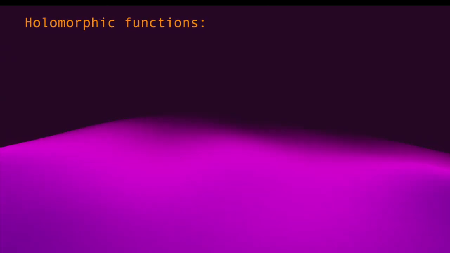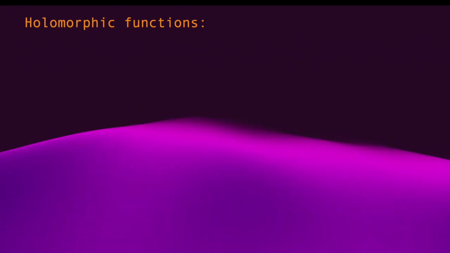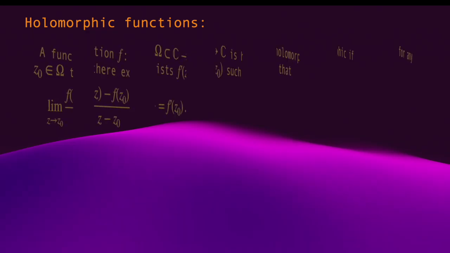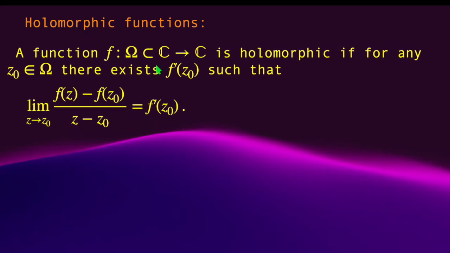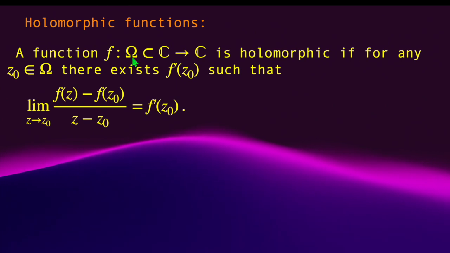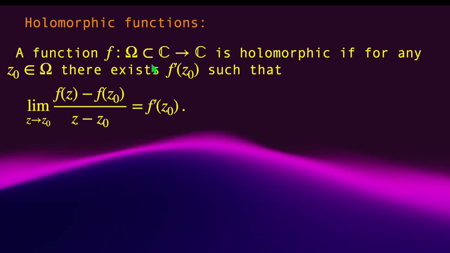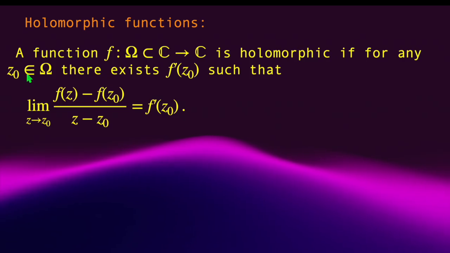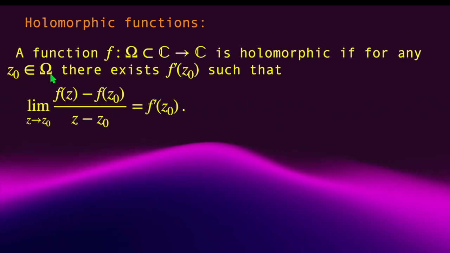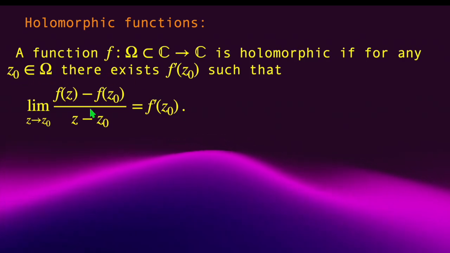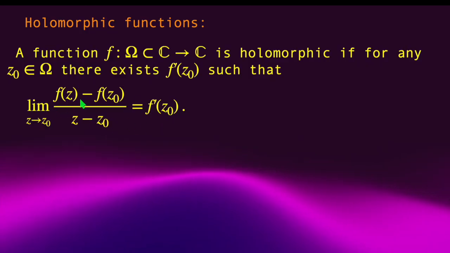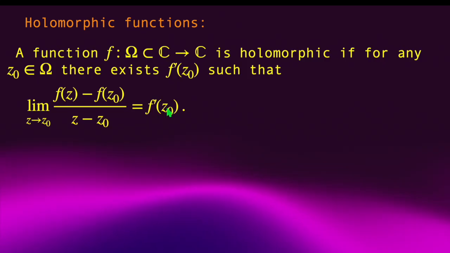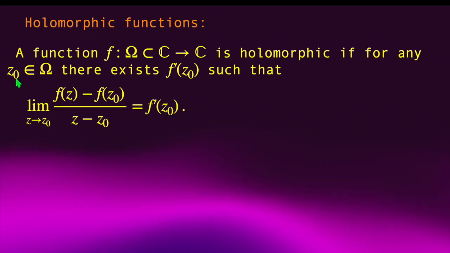I start by recalling the essential facts about holomorphic functions. A holomorphic function is a function defined on an open set in C, such that for any z0 in this open set, this quantity has a limit, which means that we have the complex derivative at any point z0.